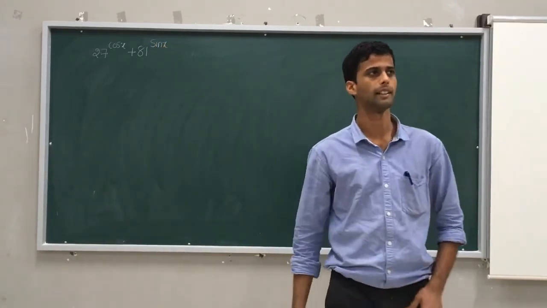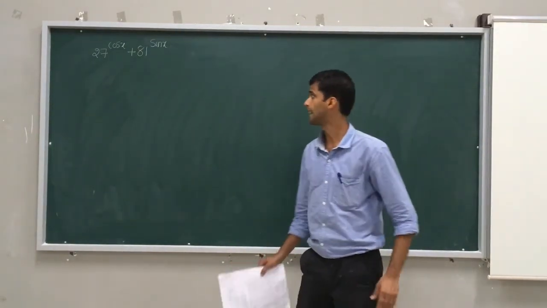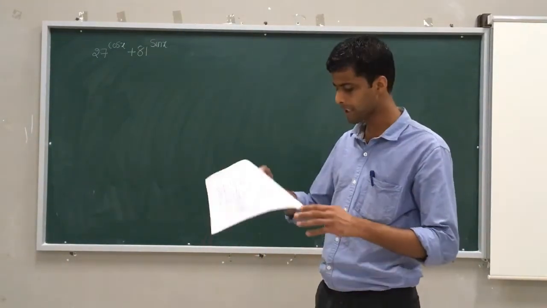Look at the pattern they have given here: 27 to the power cos x and 81 to the power sin x. They want the minimum value of this.